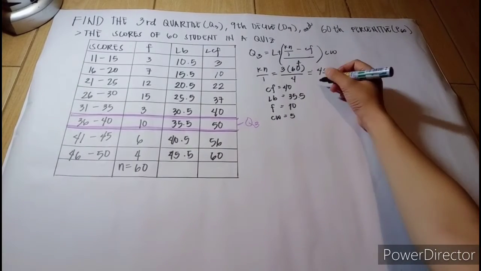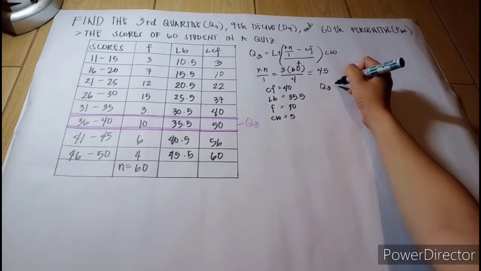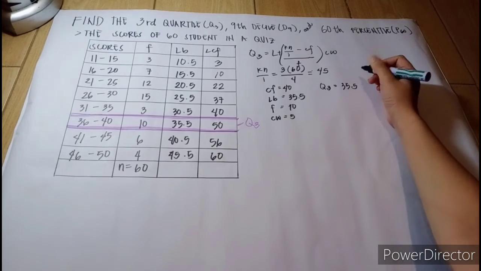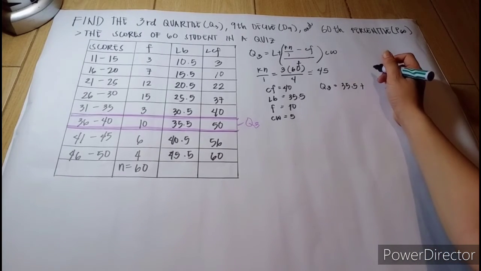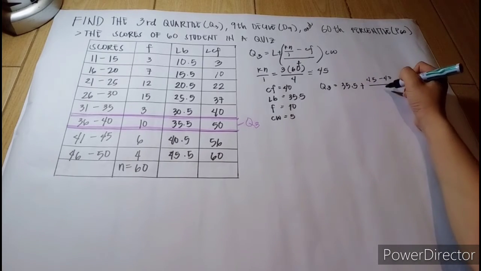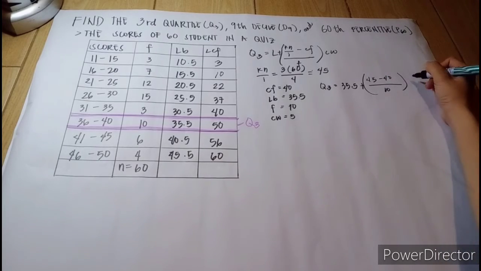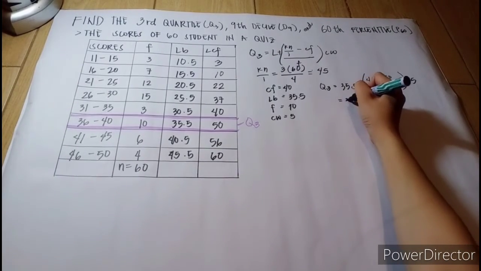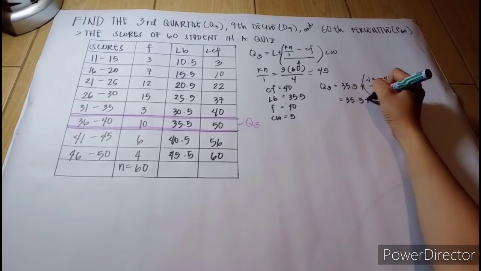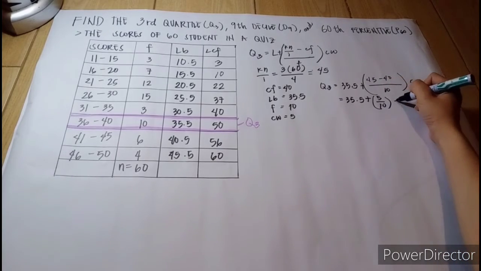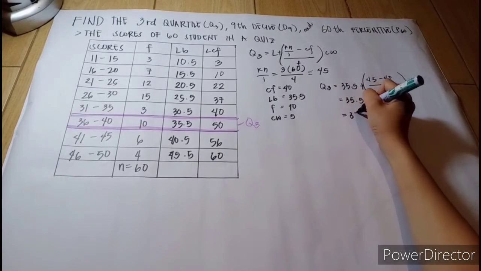So, lower boundary is 35.5 plus kN over 4, that is 45, minus 40 over 10 times 5. So first, again, we need to solve inside the parentheses. 45 minus 40, that is 5 over 10 times 5.